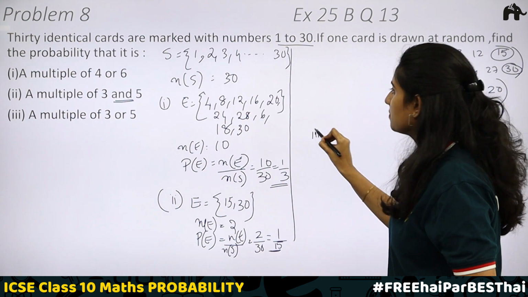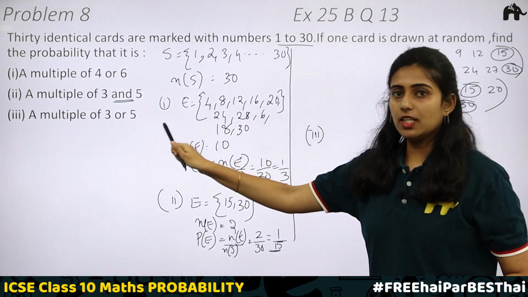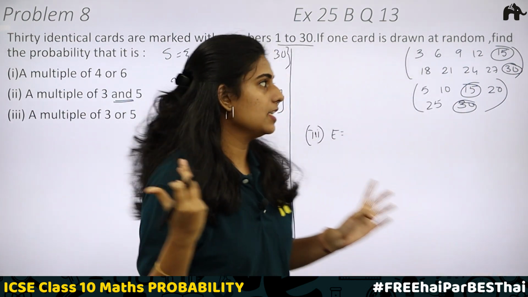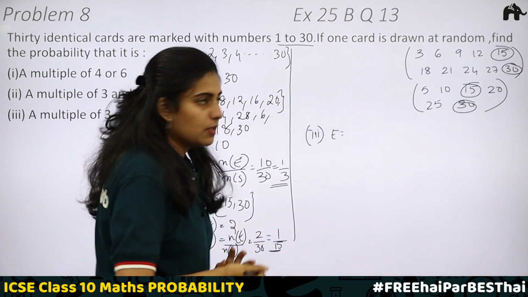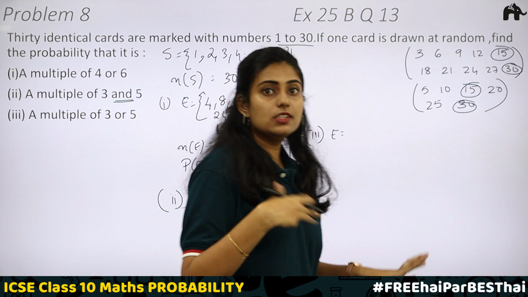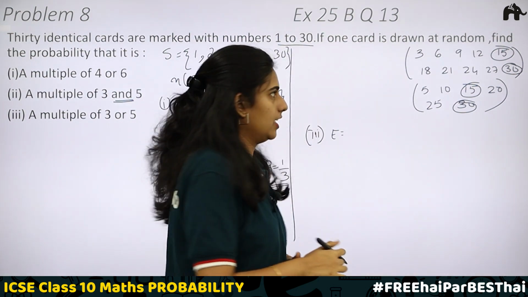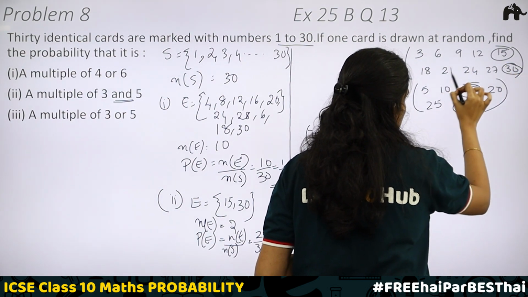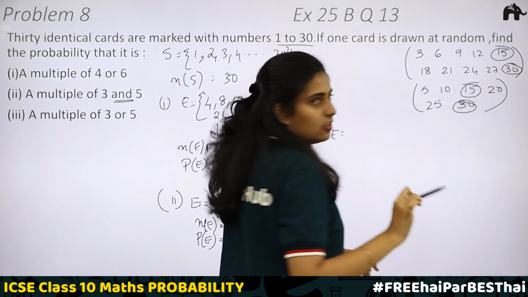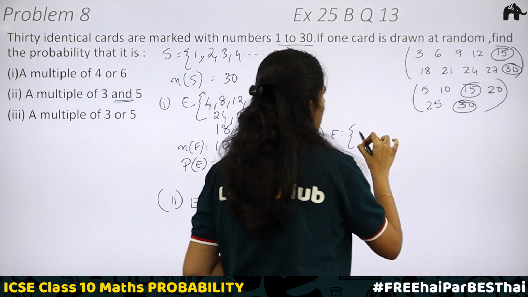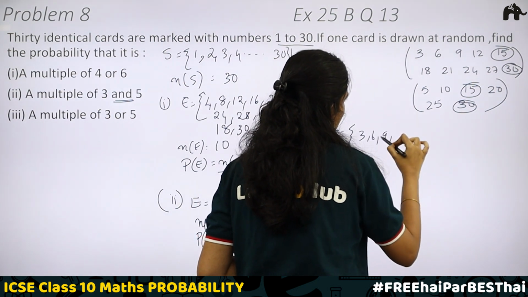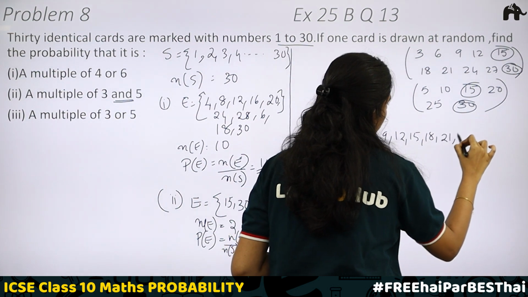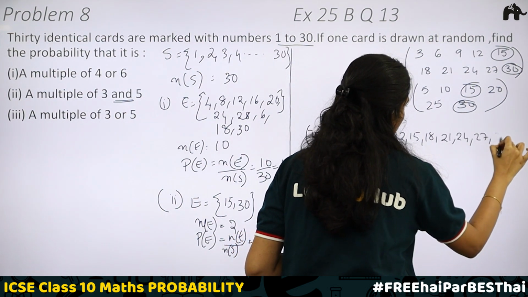Now the third one, a multiple of 3 or 5. It can be a multiple of 3 or a multiple of 5, or a multiple of both 3 and 5 can also be included here. Here we have 3, 6, 9, 12, 15, 18, 21, 24, 27, 30.